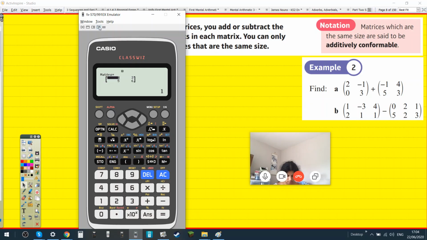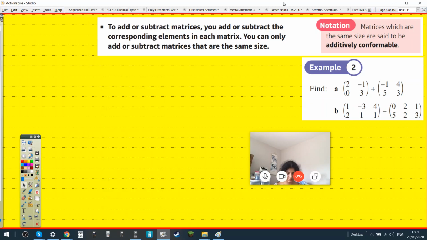I think I got it now. I figured out how to do it though. I think it's probably easier to just do it without the calculator, but it's just a bit long.